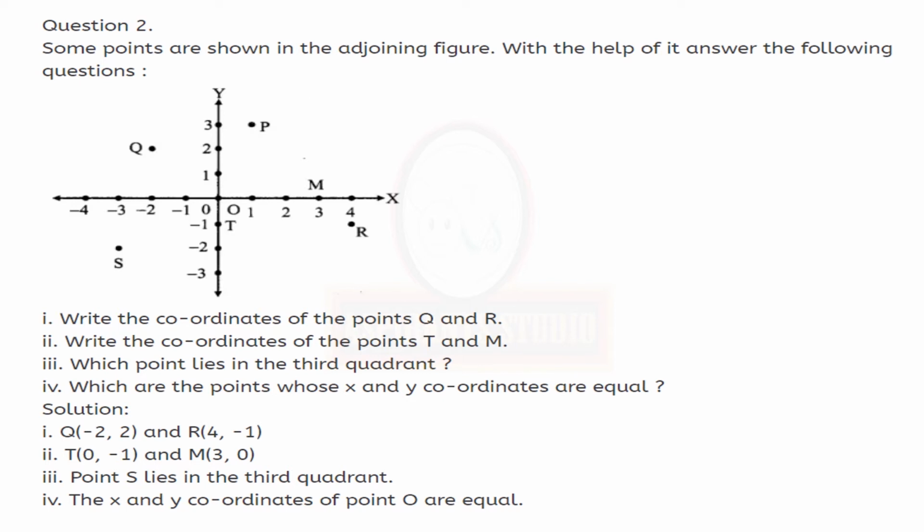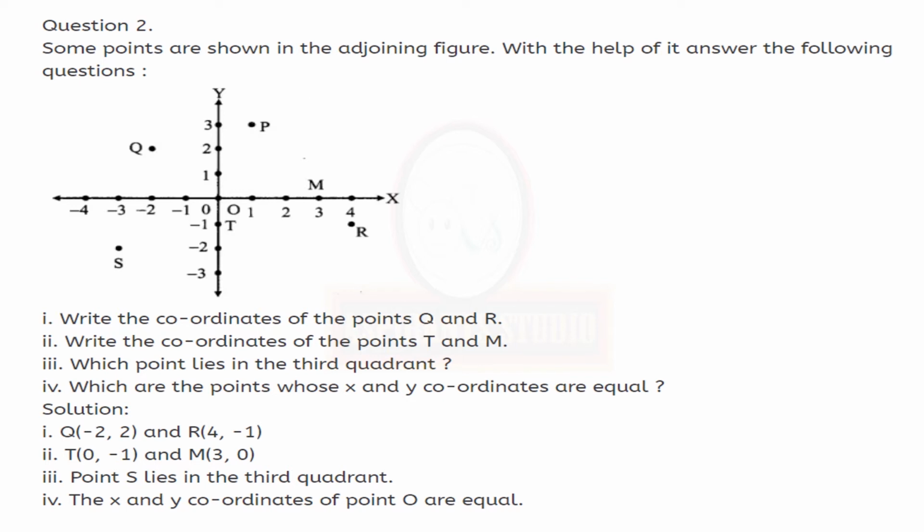If the point lies on the x-axis, y coordinate is 0. T lies on the y-axis, so x coordinate is equal to 0. So T is (0, -1) and M is (3, 0).